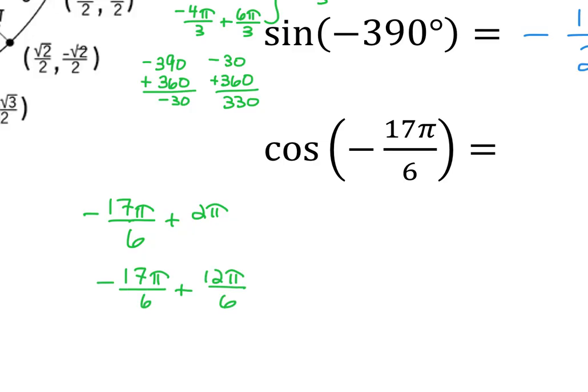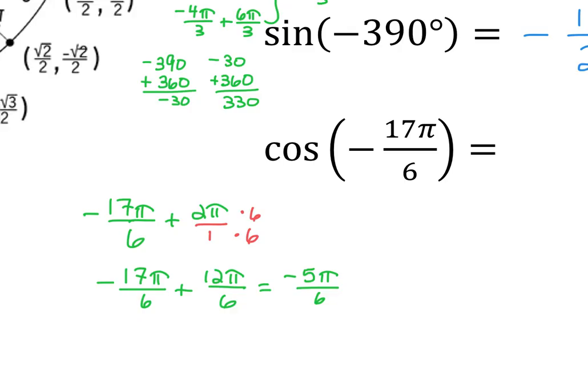Miss A, where did you get 12 pi over 6? Because I said 2 pi over 1 times 6, because I need common denominators. And then negative 17 pi plus 12 pi is negative 5 pi over 6.